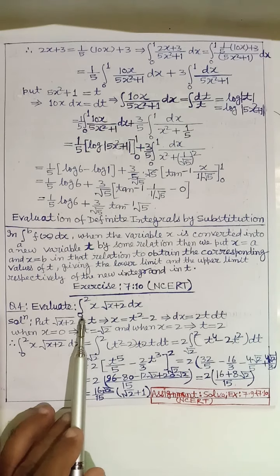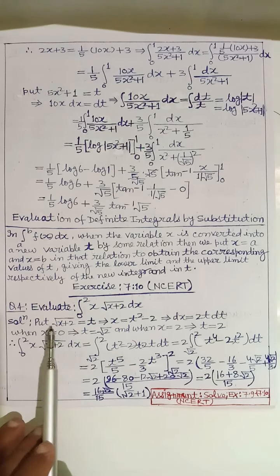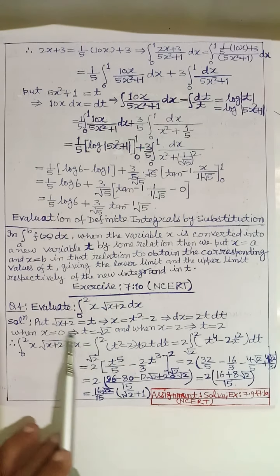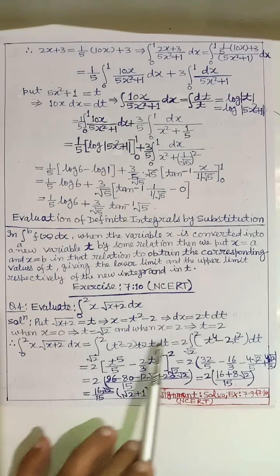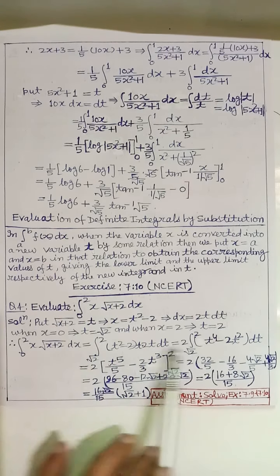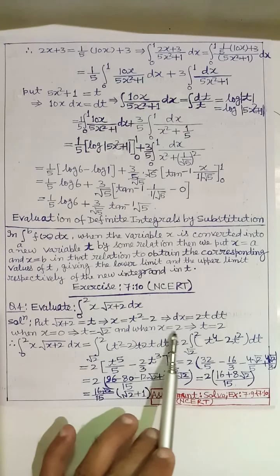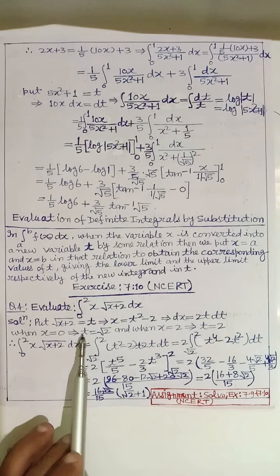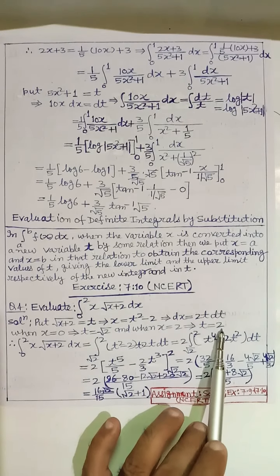Here x equal to 0, then t, here we put 0, you will get root 2, and when x equal to 2, upper limit, in that case we get square root of 4, and we get 2. So we get the new limits, that is root 2 and upper limit 2.